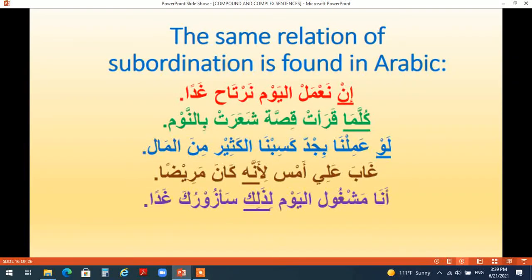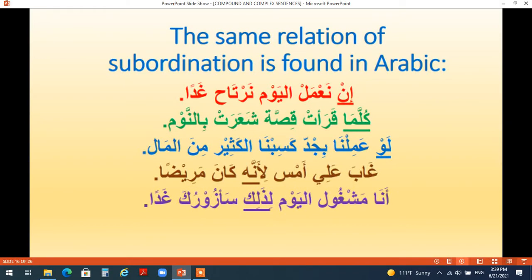كلما قرأت قصة شعرت بالنوم. كلما again is one of the subordinating conjunctions in Arabic. لو عملنا بجد لكسبنا الكثير من المال. لو is again one of the subordinators in Arabic. غاب علي أمس لأنه كان مريضا. لأن again is one of the subordinators in Arabic. أنا مشغول اليوم لذلك سأزورك غدا. لذلك أيضا is one of the subordinators in Arabic.